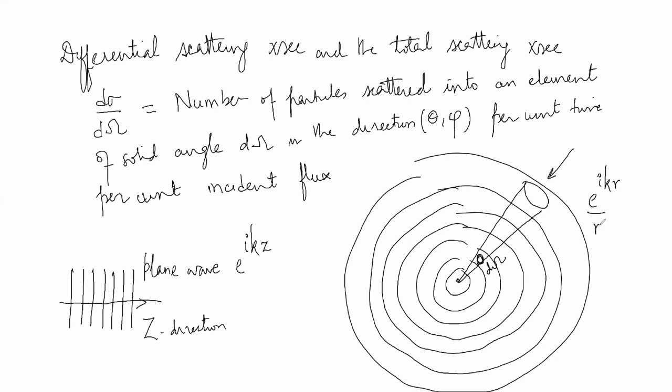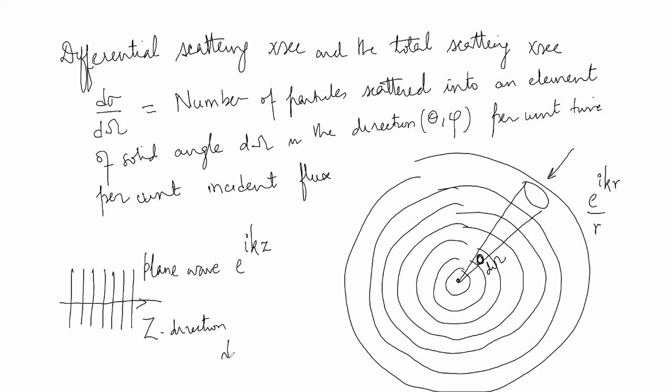Therefore, at the level of the wave function we have 1 over r along with e to the power ikr, and at the level of intensity we have 1 over r square. So the important point is that the scattered wave follows the inverse square law. These are spherically outgoing waves.